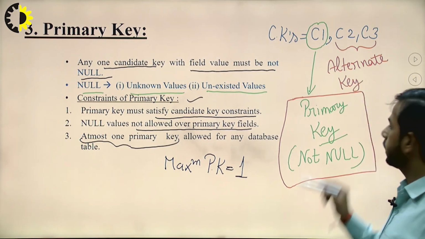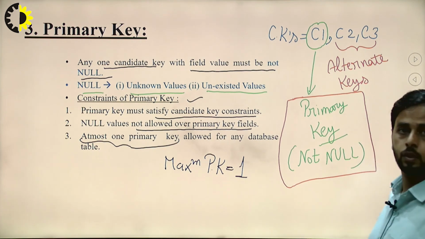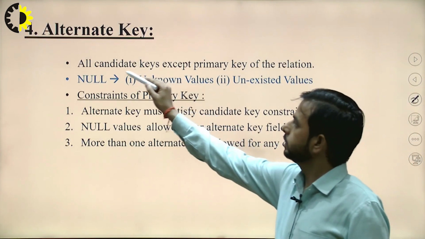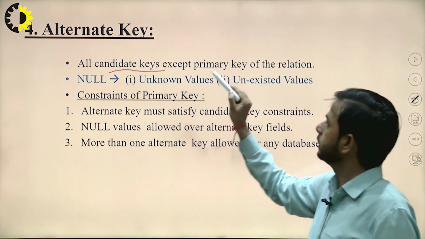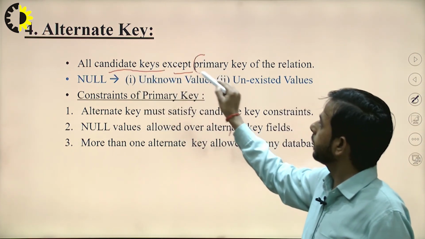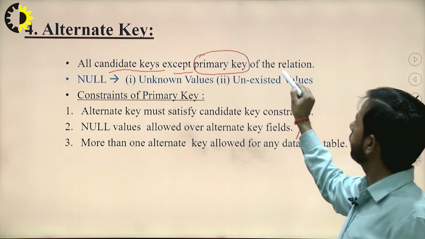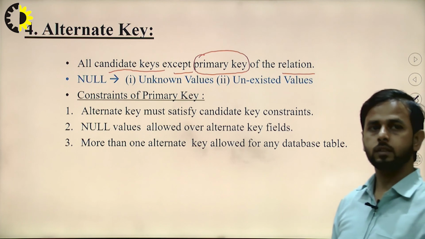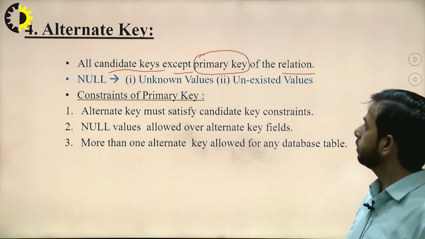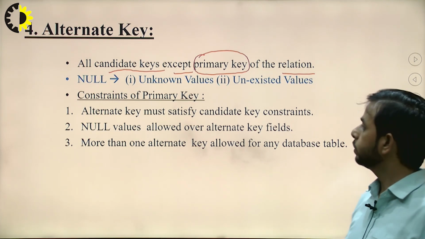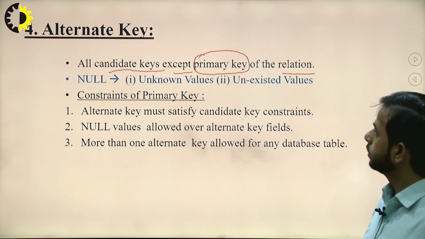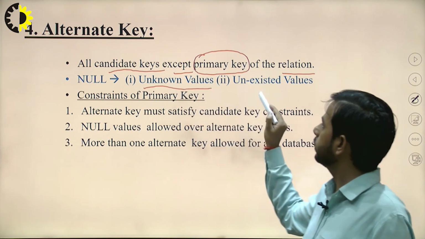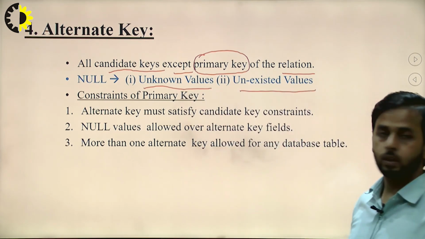All candidate keys except the primary key of the relation are alternate keys. An alternate key can have null values, where null means unknown value or non-existent value.